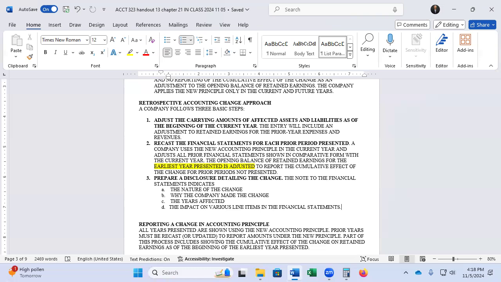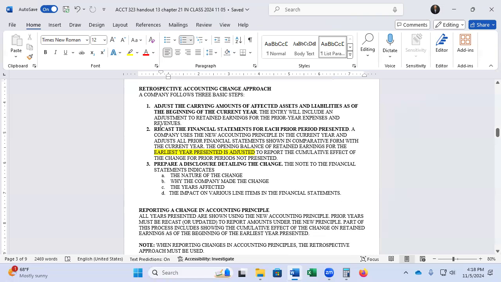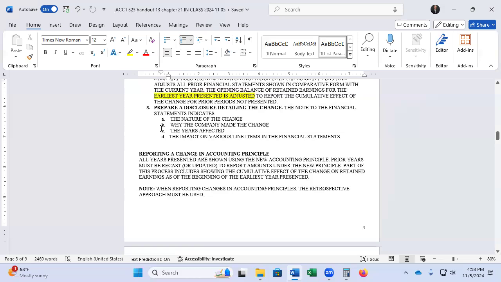As you read through the chapter, you'll see that the disclosures are pretty long. And so as a result, a footnote may take up a page on the financial statements to indicate all of the principal changes with the retrospective approach.